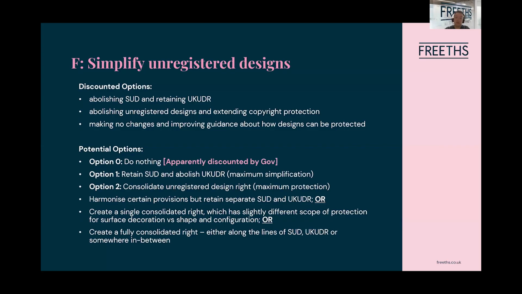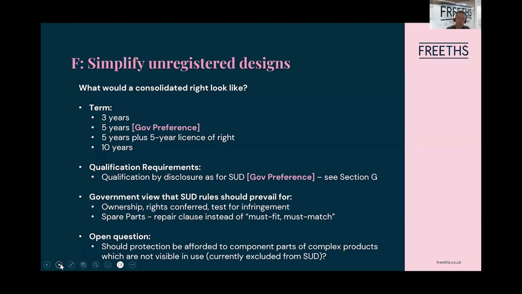It only protects shape and configuration. Or you could create a fully consolidated right, either along the lines of SUD, UK UDR, or more likely somewhere in between the two. And it seems from the later part of the consultation that that third option, creating a fully consolidated right that sits somewhere between the current regimes, is likely where we're going to land on this.